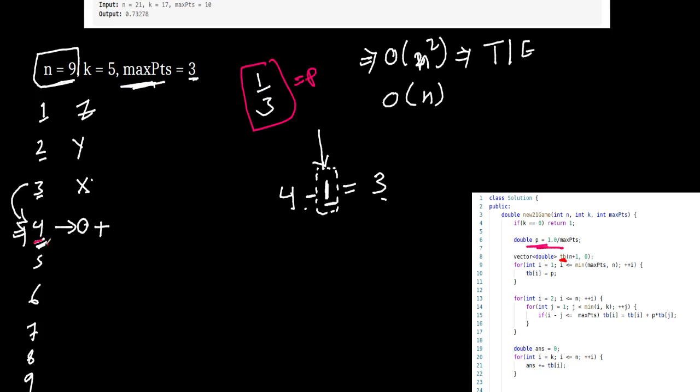So for 4, to go from 3 we need 1 point, so it's P, which is the 1 over 3, multiplied by the solution for 3, which is x, plus. Now also we can reach 4 by going from 2.